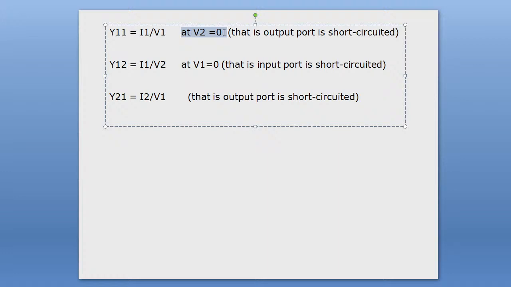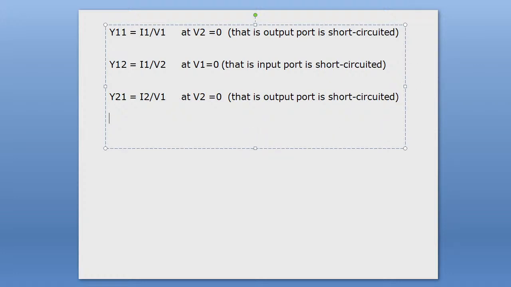Next you calculate the value of y22. So y22 equal to I2 by V2 at V1 equal to 0, which means that the input port is short circuited.